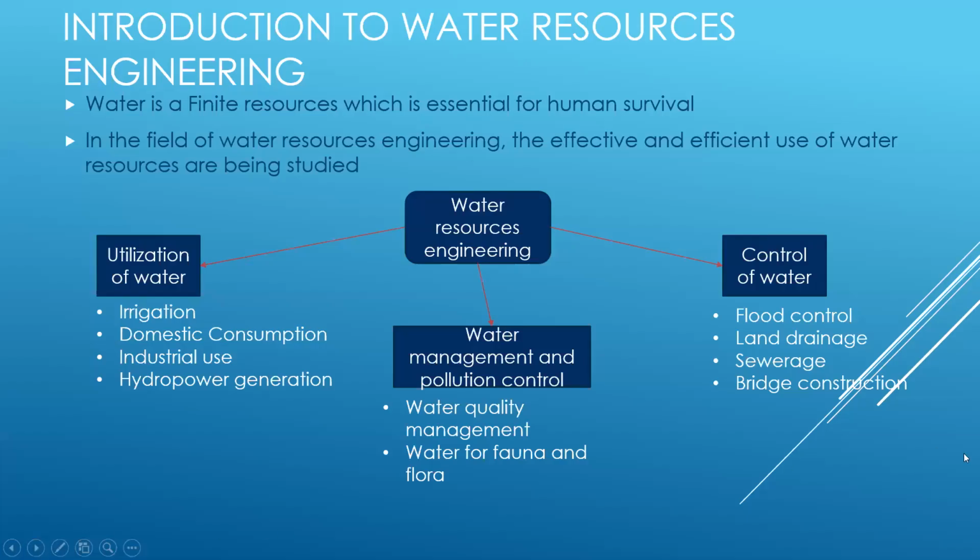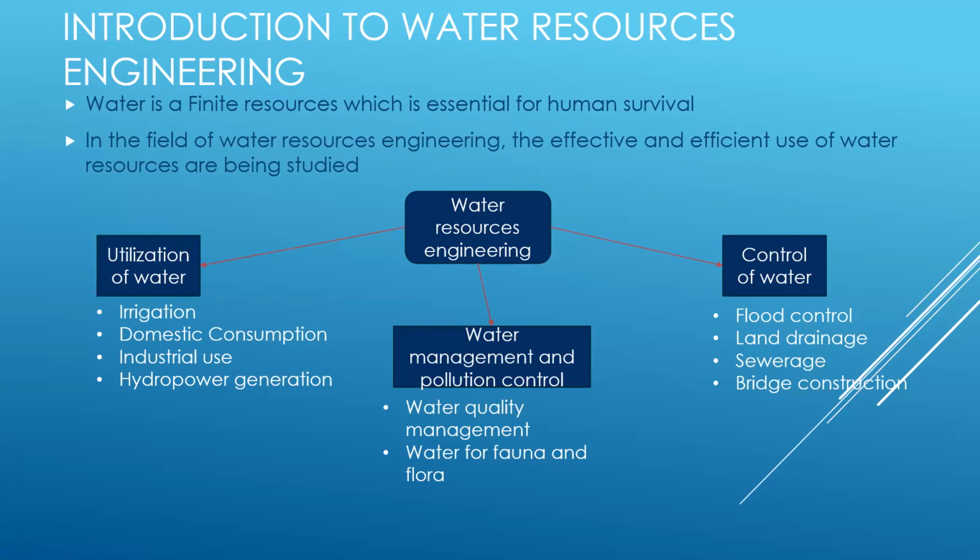Let's begin our discussion with water resources engineering. Well, you know that water is a finite resource which is essential for human survival. Without water, we can't survive, and therefore, it's a finite resource. We don't have that much water which can be utilized by humans. It's a very small quantity, so we have to manage it.